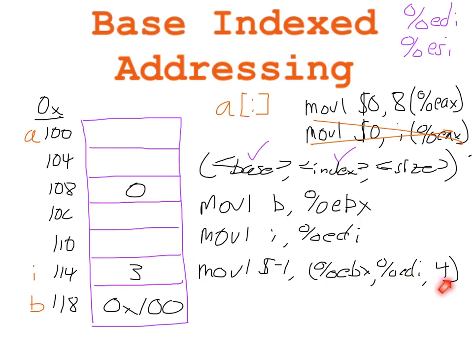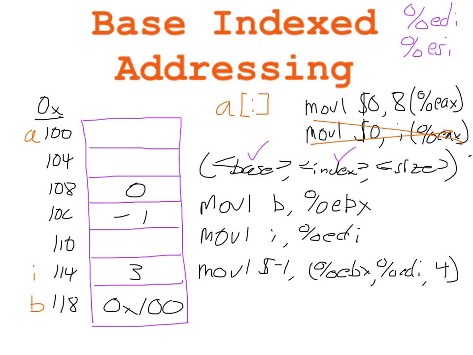So 100 plus 3 times 4, which is 12. What is 12 in hex? 12 is C. So 100 plus C takes us to 10C here. We're going to go to that address, which means it's going to take us to here in memory, and we're going to write -1, just as follows. And so that is how you would do a basic example of base indexed addressing.